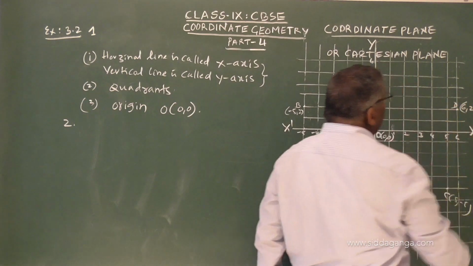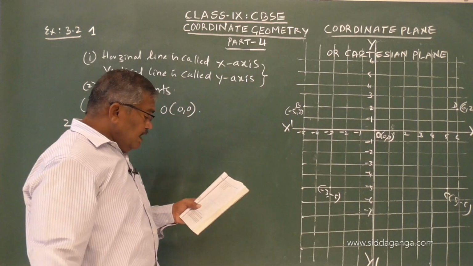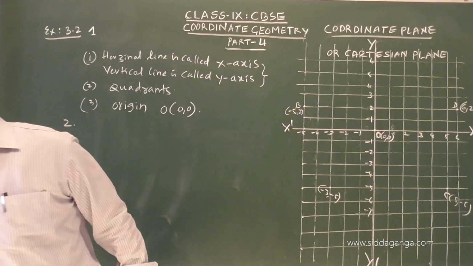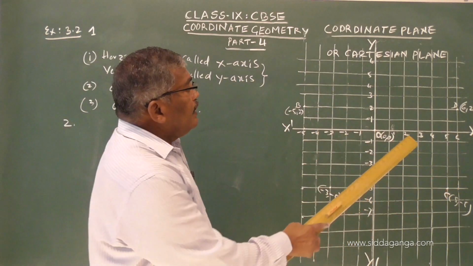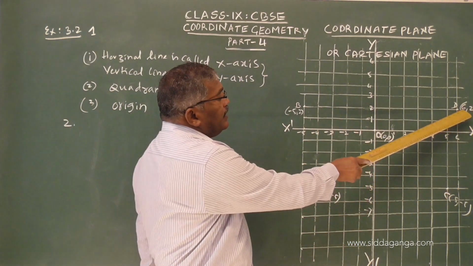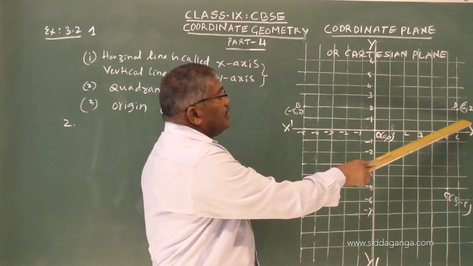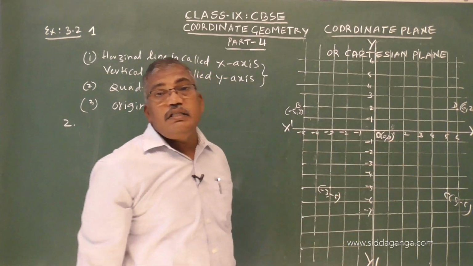This is point D. But they have asked for only the abscissa. So your answer should be, the abscissa of point D is 6. It is not 6, 2. Abscissa is 6, ordinate is 2.